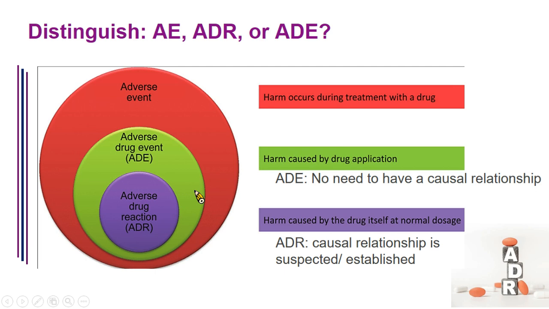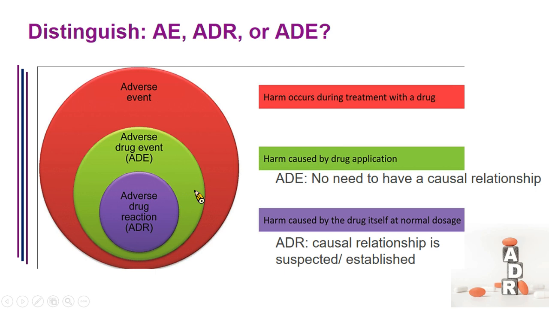So an adverse event can be defined as any harm that occurs during a drug treatment. But when we talk about the ADE, adverse drug event, that is specifically the harm that is caused by drug application.